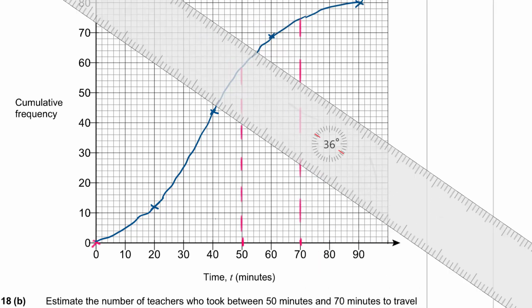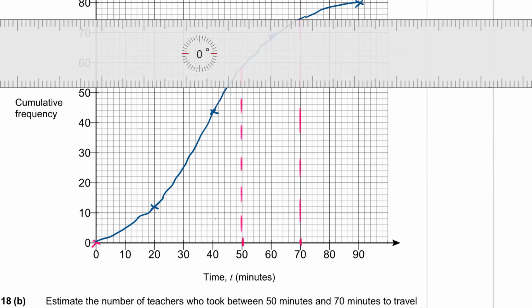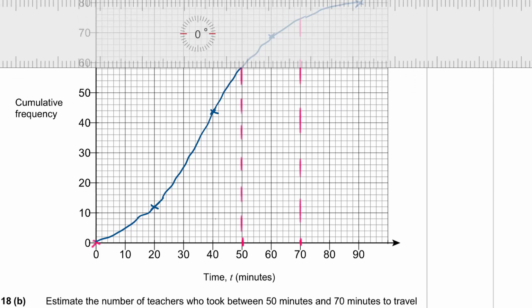So just join up to the graph, 50 and 70 and then across.